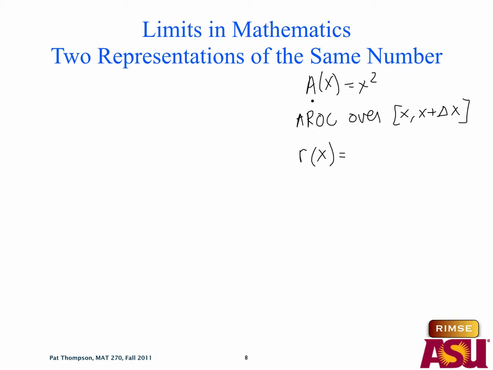Now our function isn't called f. Our function is called A. So I'm going to write A of x plus delta x minus A of x. So this is our change in outputs relative to our change in input, right?